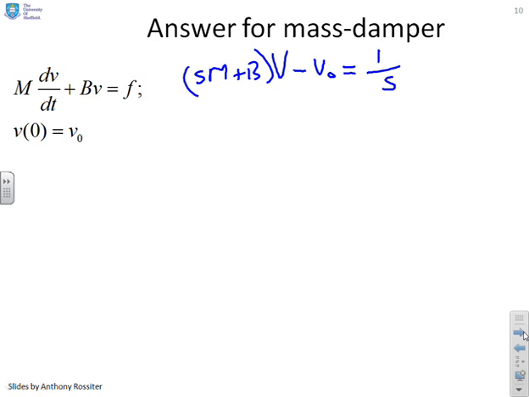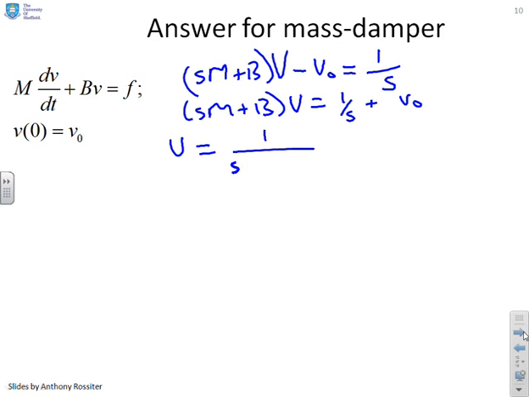If I now rearrange this, I get (Sm + b) V = 1/s + m v0. I forgot an m on that v0, I do apologise, so let's put it in.